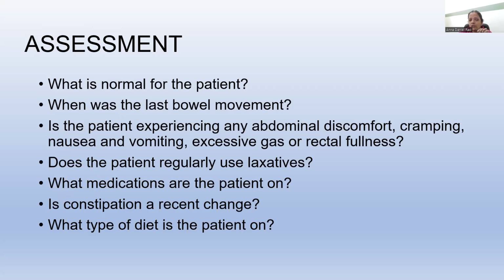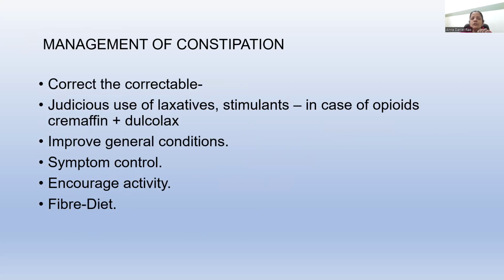Whether the patient is having nausea or vomiting, excessive gas formation, rectal fullness, using too many laxatives, or any painkillers which are causing constipation. All these things should be assessed in the patient's case.